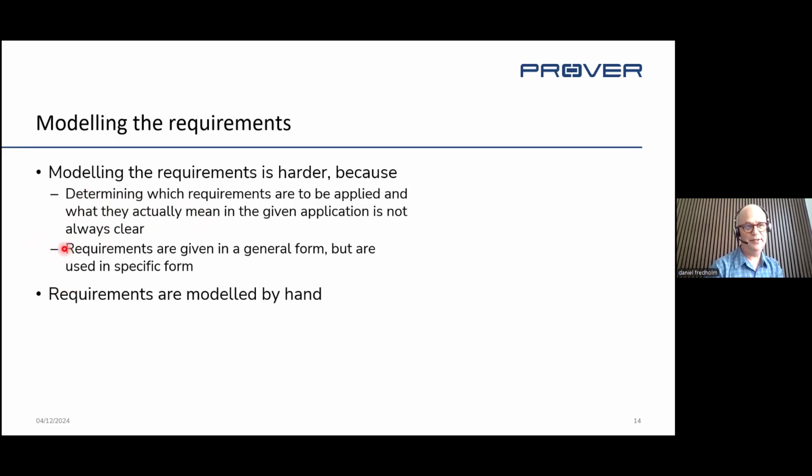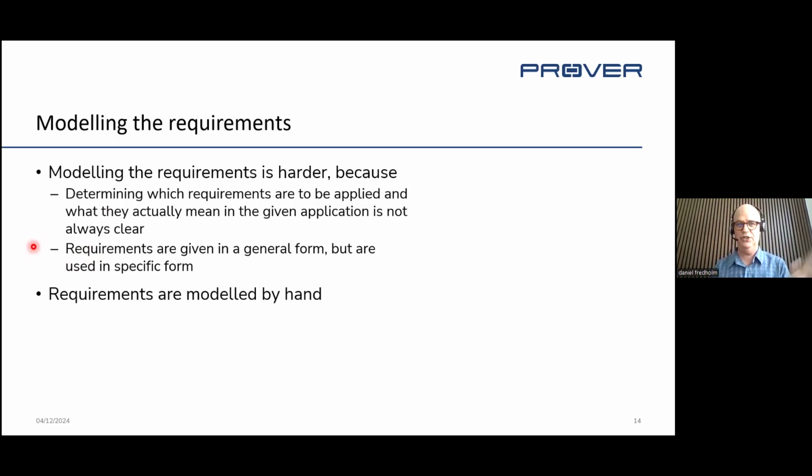Then there's a logical technical thing which, at least as a starting point, is a bit tricky, but it actually has a nice solution. The requirements are given, if one looks at the regulations, for instance, in a general form. They don't mention a specific system.